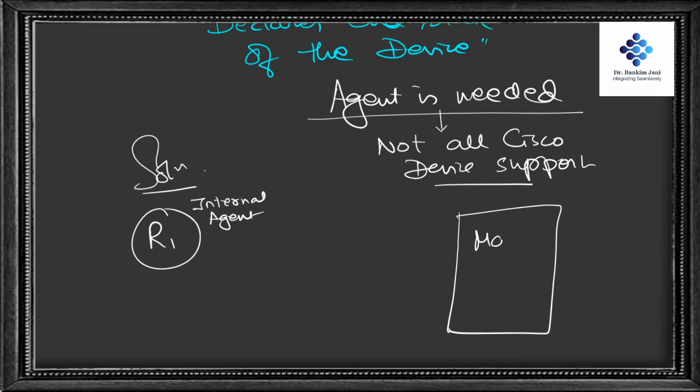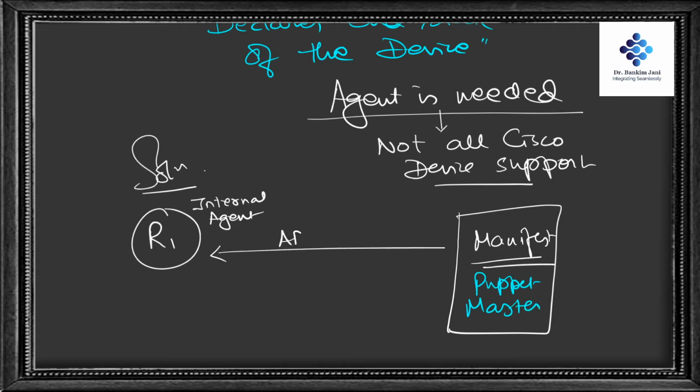Here is our manifest, and it is installed on the Puppet Master. Via API we send it to router 1, and router 1 has that internal agent for Puppet, and it would accept and things are done.